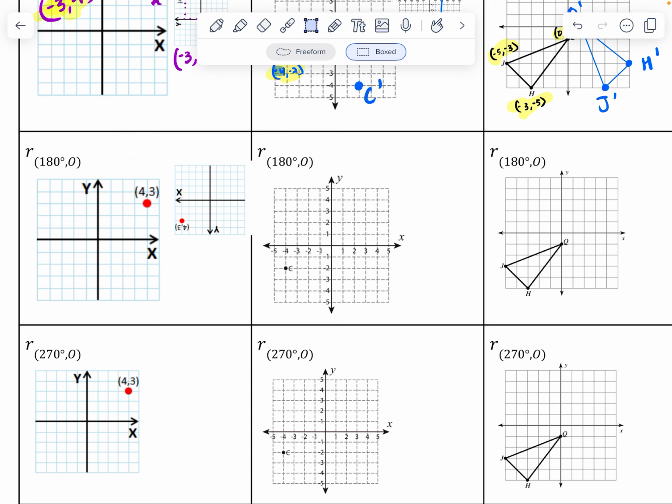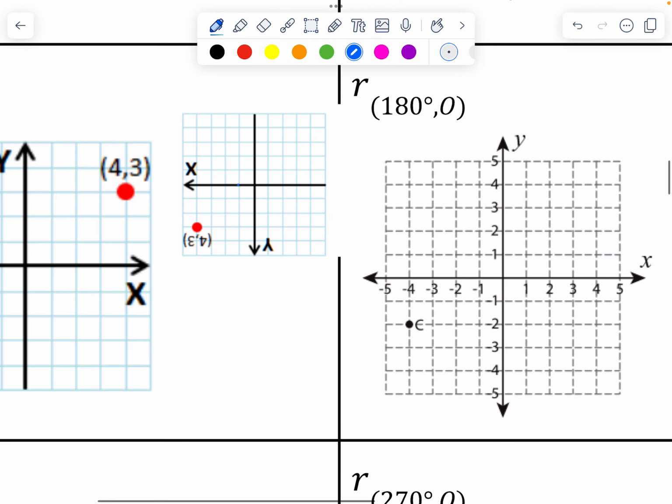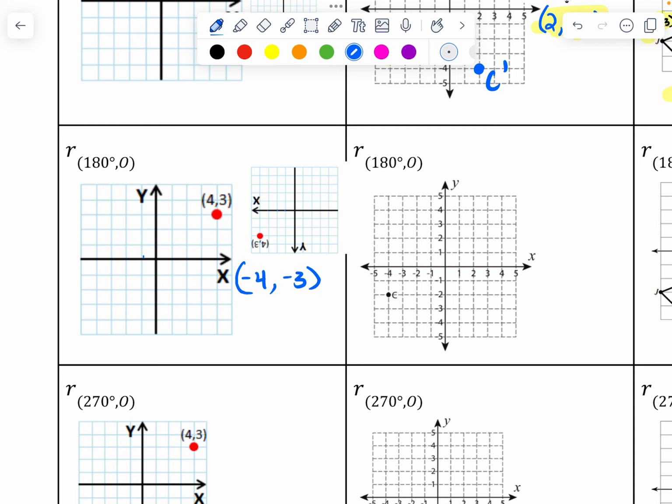I needed to go twice. So this sure does look like it's going to be at 4, -3. There's my A prime. There's my A. 1 rotation, 2 rotations, 180 degrees.